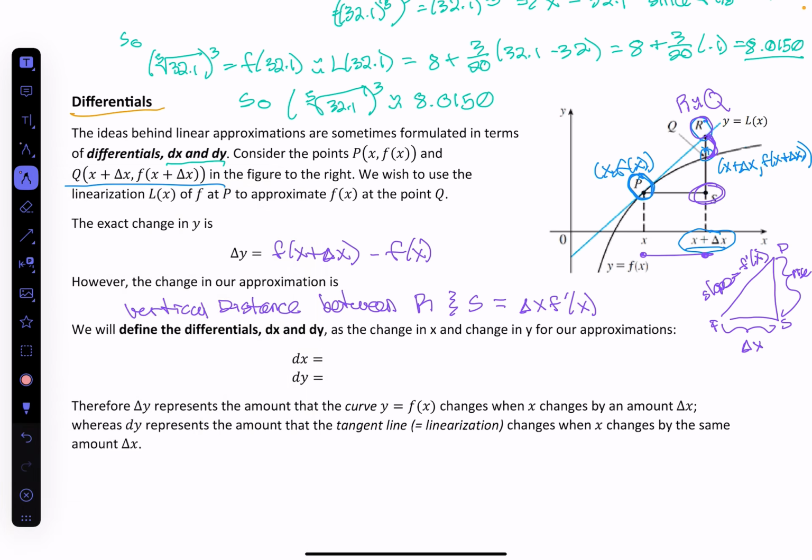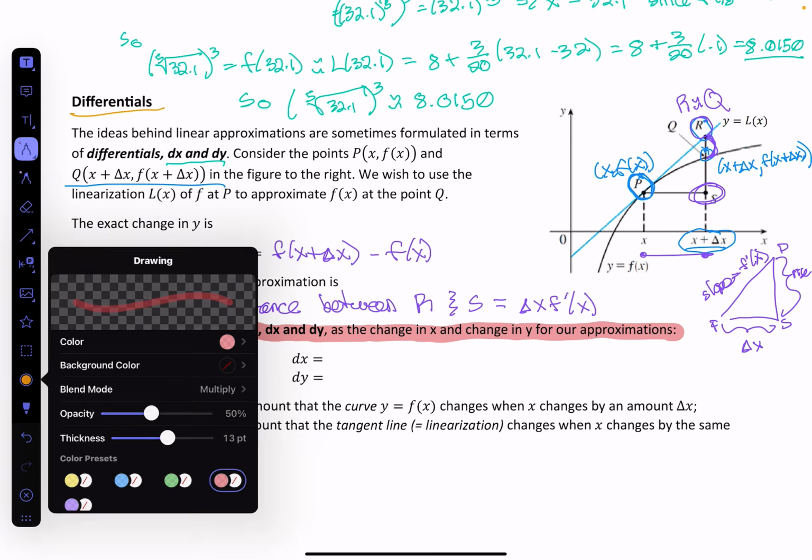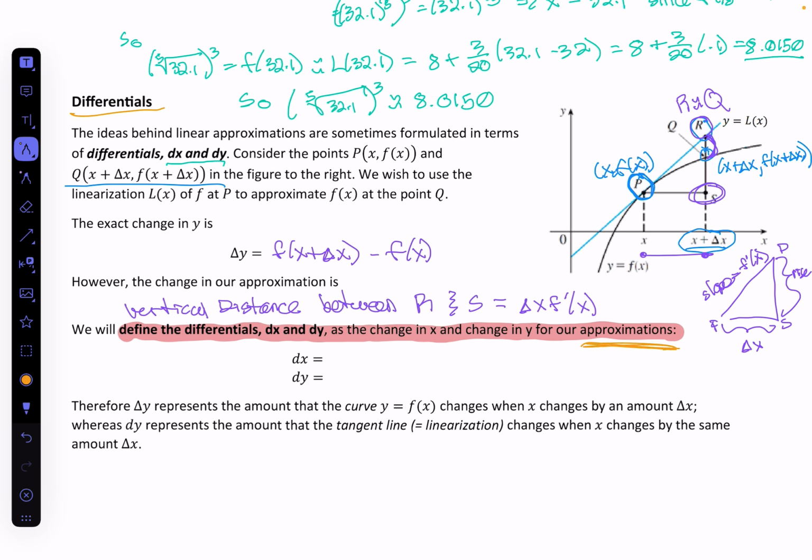This is a definition as the change in x and the change in y for our approximations. So dx, the change in x, well, that's really the same both times, whether it's for the change in the function value or the change in our approximation. So that's going to be delta x. And the change in the approximation vertically, as we already saw here, is delta x times f prime of x.